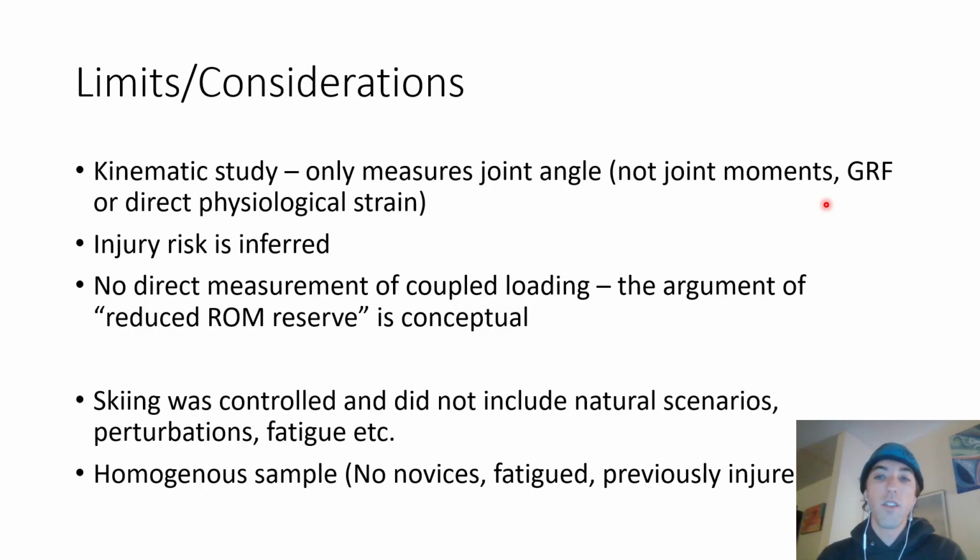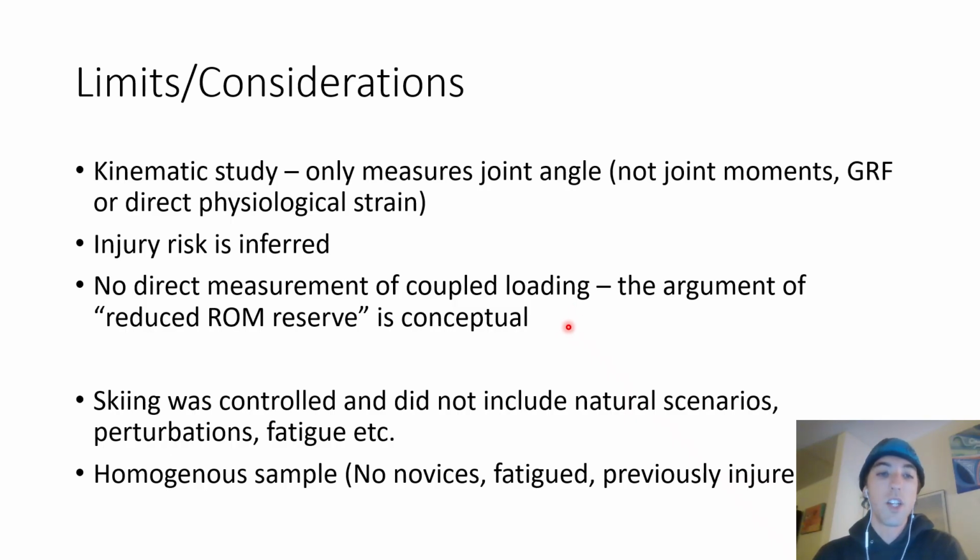And it's not explicitly measuring the ground reaction forces or the physiological strain on the structures of the knee, like the ACL or the MCL or the meniscus or anything. The injury risk is completely inferred. And there's no direct measurements of the loading happening in the different directions. And the argument of the reduced range of motion reserve is completely conceptual and is just a lens to view the potential situation.